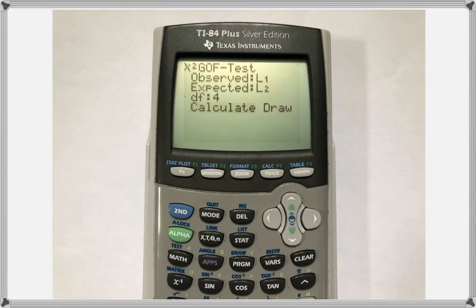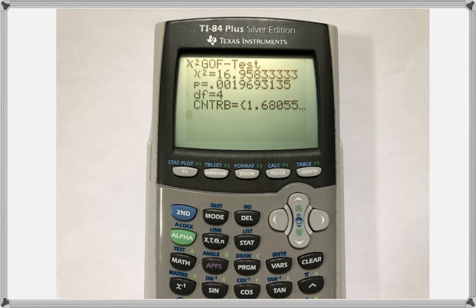So the observed should be L1, the expected should be L2, and the degrees of freedom are 4. So then press Calculate, and chi-squared is 16.958, and that is consistent with what we found on question 1.